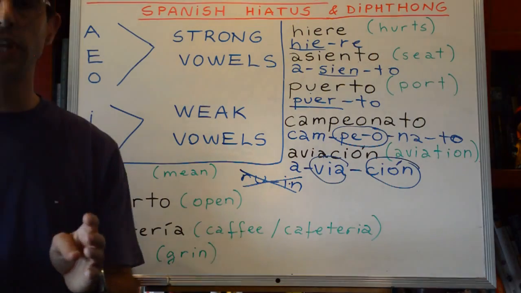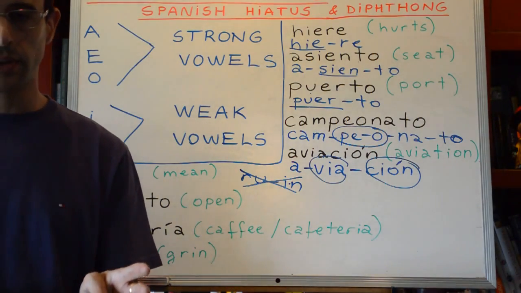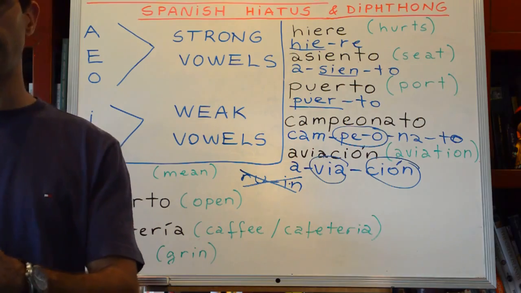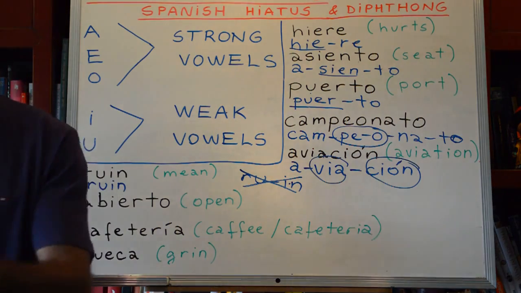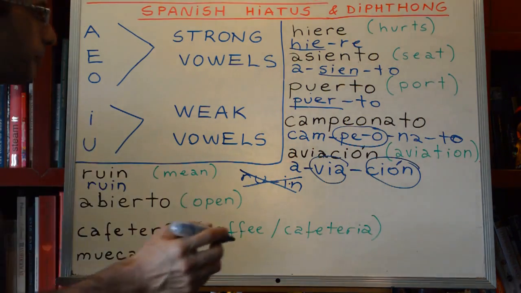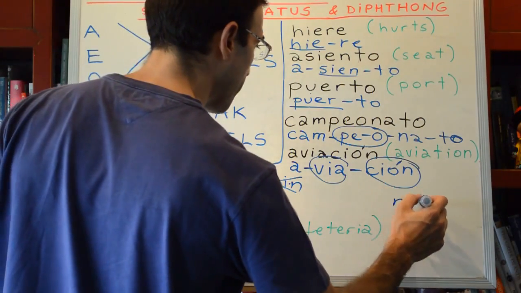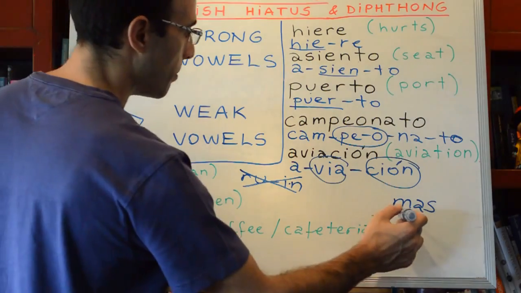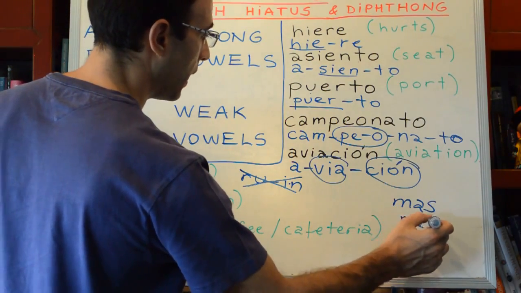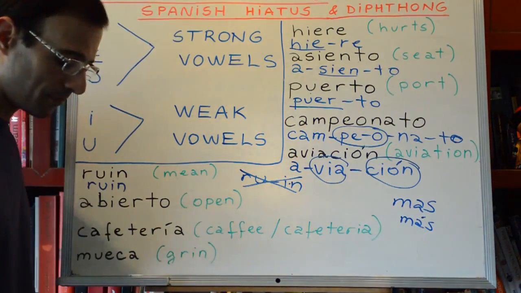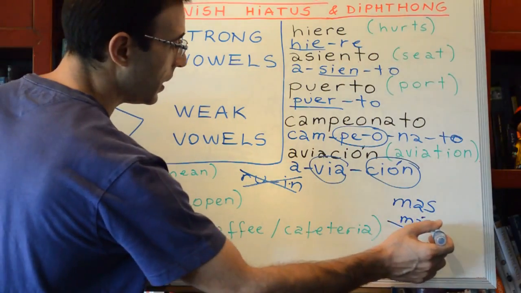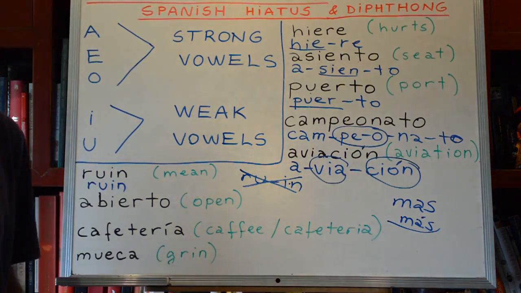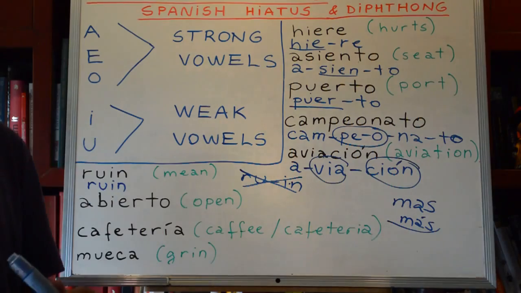There are many monosyllabic words in Spanish that have different meanings while being the same word. For example, the word más. We have mas without a tilde and más with a tilde. Más with a tilde means more. Quiero más, I want more.